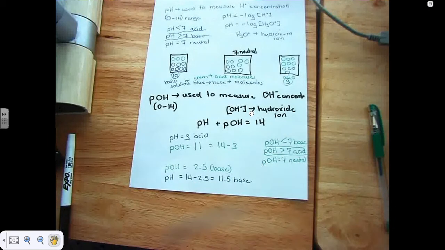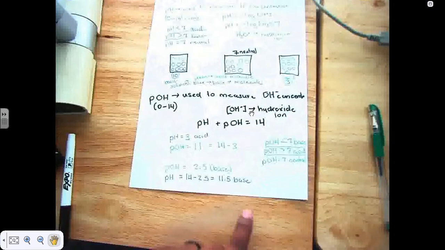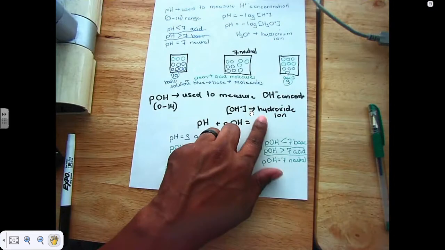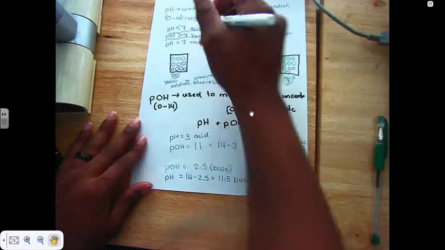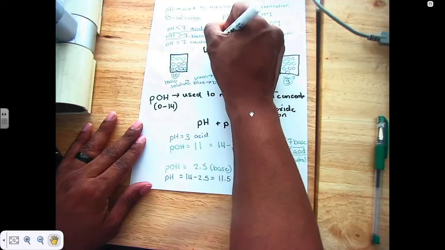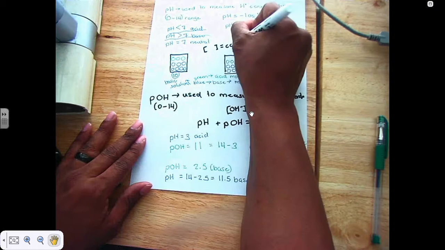So you want to be familiar with those concepts as your starting point, because you're dealing with pH and pOH, and questions are going to center around them. Also keep in mind that pH measures your hydronium ion concentration and your pOH measures your hydroxide ion concentration. And just in case I didn't really throw that out there, I want you to understand that these brackets here usually refer to concentration.